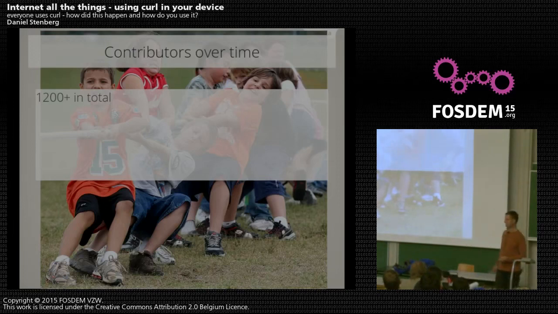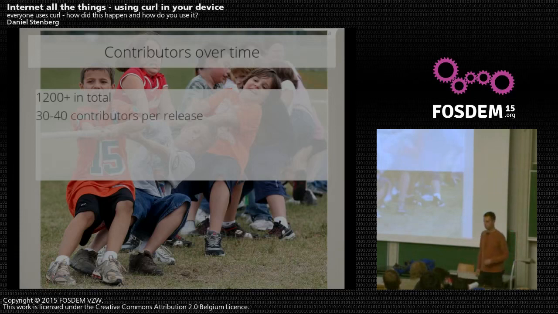So we make an effort in the project to keep track of everyone and say thanks, because that's the way we work. And so we have 30 to 40 new contributors per release. We do releases every 8 weeks, every second month, basically on the clock, always, all the time, never ending. The number of contributors increases linearly, because a lot of our contributors are one-time drive-by patchers.